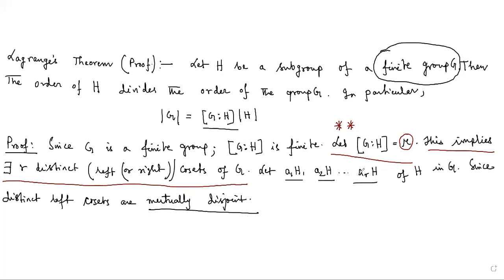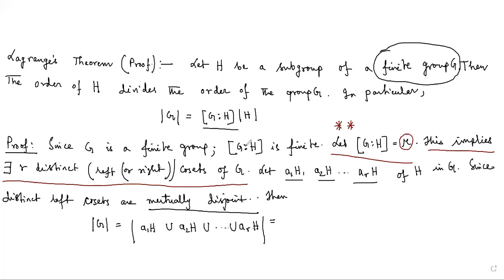So since these are distinct left cosets, they are mutually disjoint, and therefore the cardinality of the group will be the cardinality of the union of these left cosets. So I am going to write it in this manner. You consider the union of these left cosets, and their cardinality will be equal to the group's cardinality.